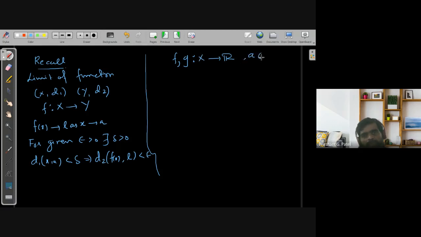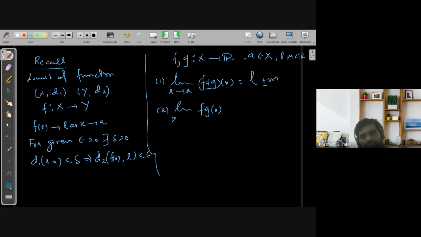We required a point a which is in X, and L, m belong to R. Then we can say that the limit of the sum is the sum of the limits, that is L plus m, and the same result holds for the difference also. The limit of a product is the product of the limits, that is L into m, and for the division also we have the same result.